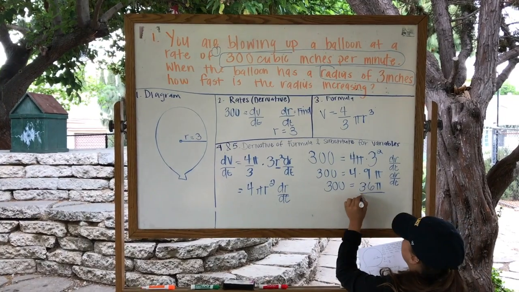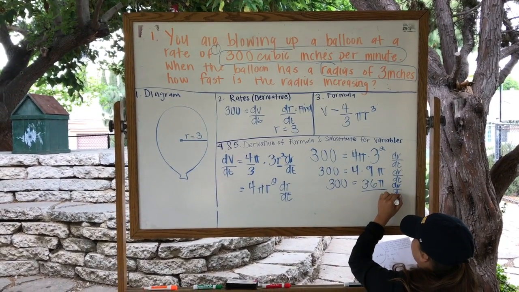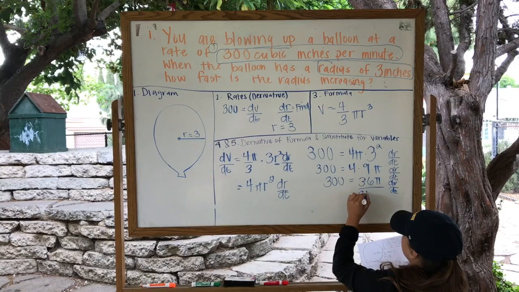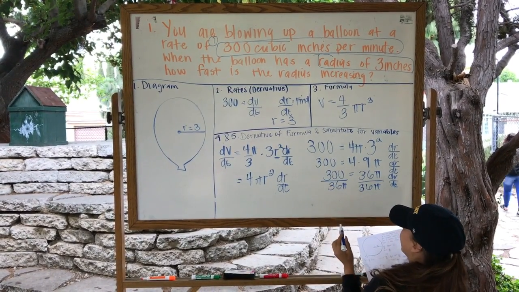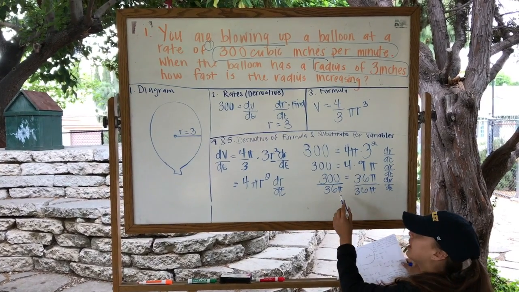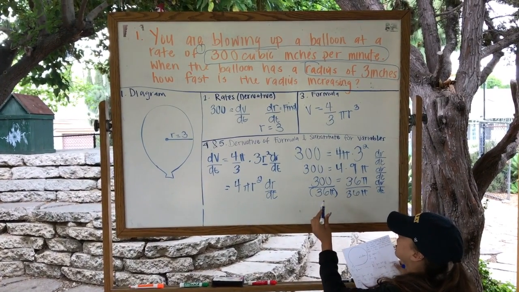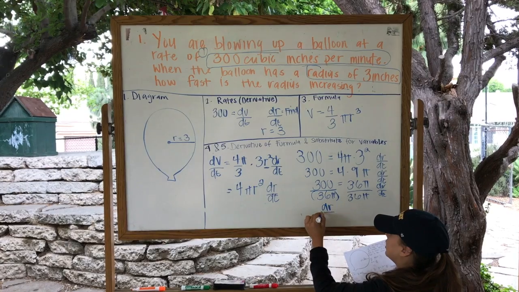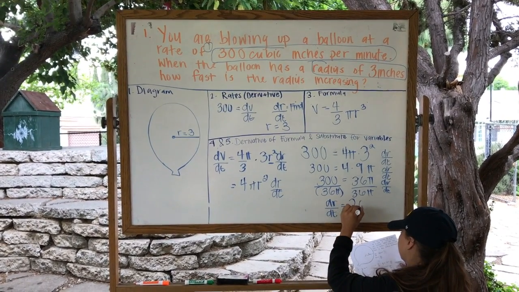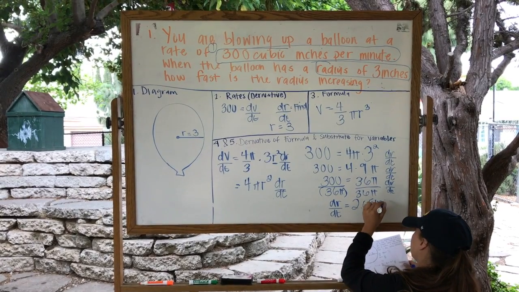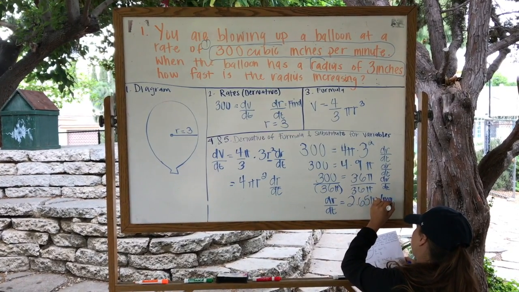And you're basically going to separate this to get dr/dt by itself, because that's what we're solving for. And make sure when you're entering this into the calculator, you're putting parentheses around the bottom. So then once you isolate dr/dt, you are left with 2.65 inches per minute.